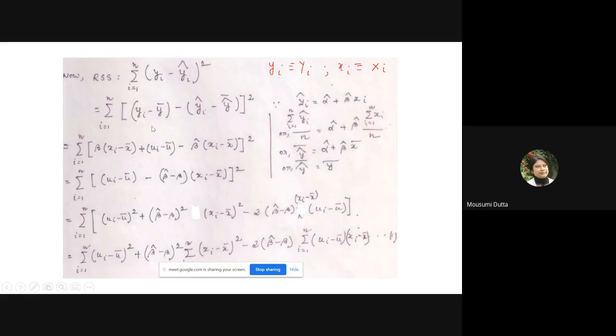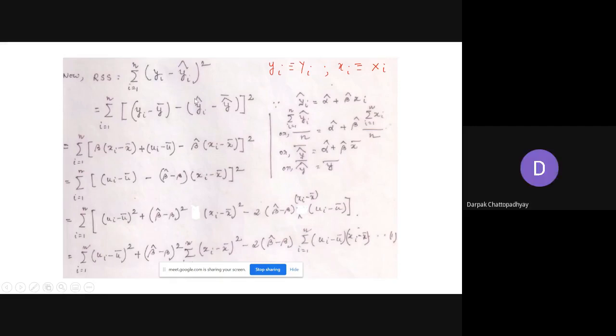So everybody is understanding: yi minus y bar is equal to beta into xi minus x bar plus ui minus u bar. If you have any confusion, you should write down the value of yi, write down the value of y bar, and please check whether you are getting these things or not.